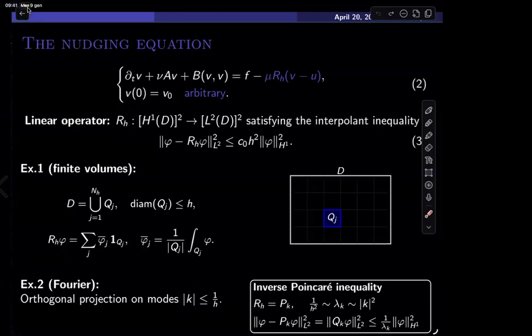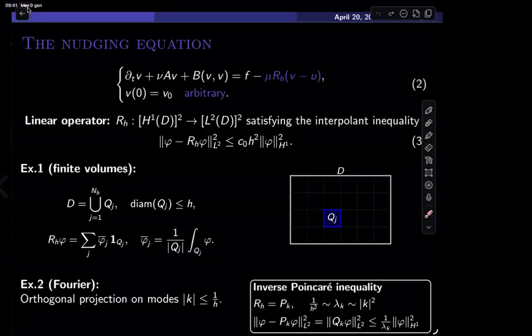So basically k is related to the k-th eigenvalue of the Laplacian operator in this case, and so you have a relation of this type here: lambda_k, which goes like k to the square, is more or less equal to 1 over h to the square. And in this case, how does the interpolant inequality read?